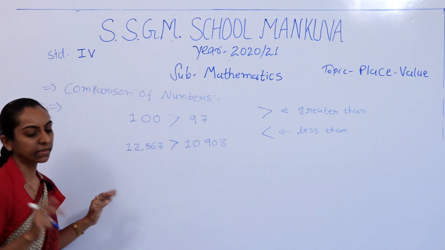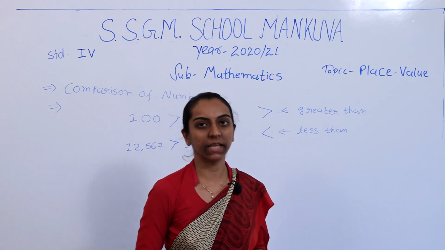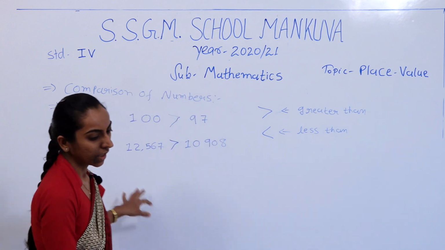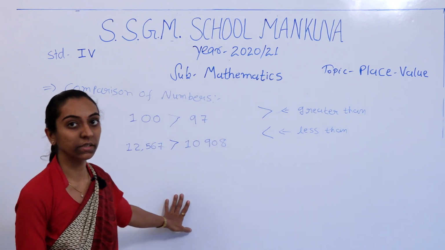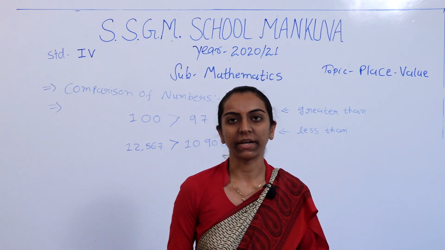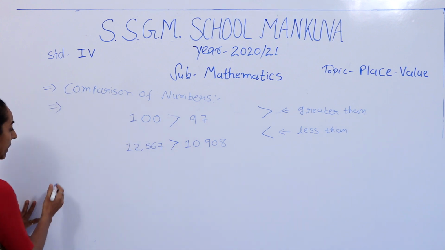Okay, and second rule, if the number of digits are the same, we compare the leftmost digit. If the leftmost digit is also the same, we compare the next digit, and so on.